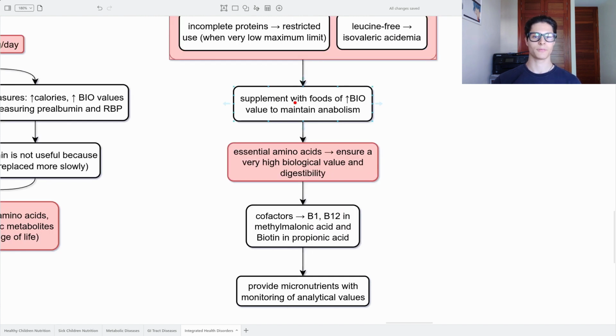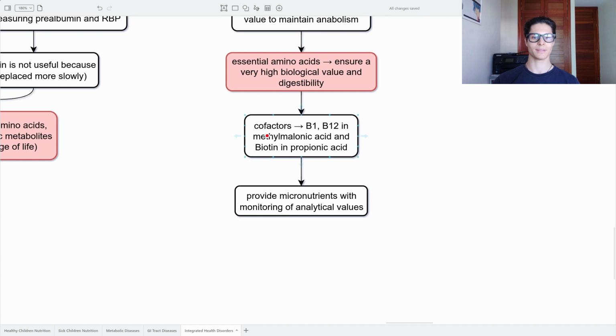We have to supplement with foods that contain proteins of high biological value to maintain anabolism. The essential amino acids are required to ensure a very high biological value and digestibility. And the cofactors we can provide are vitamin B1, vitamin B12 in the methylmalonic acidosis, and biotin in the propionic acidosis. And we also have to provide micronutrients with monitoring of analytical values.